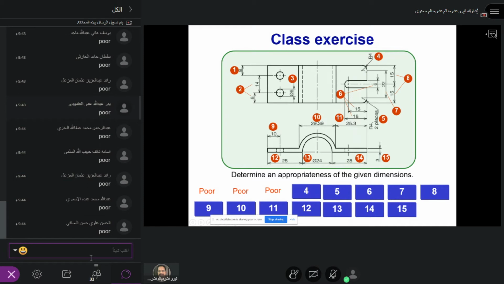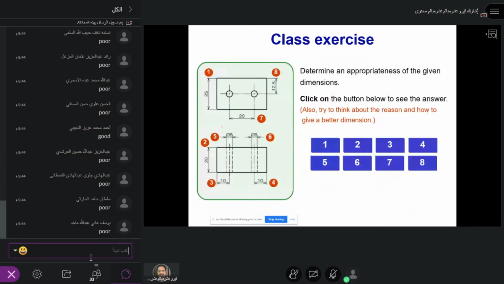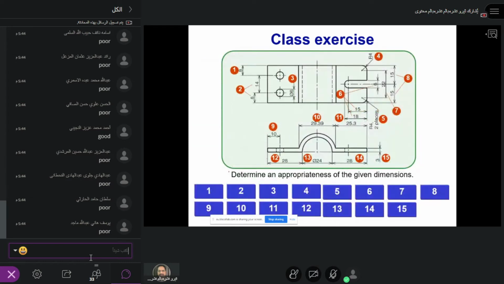4 is also poor because I told you the arrow mark should be from the concave side. Remember, it should always be from the concave side, not on the outside. 1 is poor, 2 is poor, 3 is poor, 4 must also be poor because the arrow mark is not on the concave side.